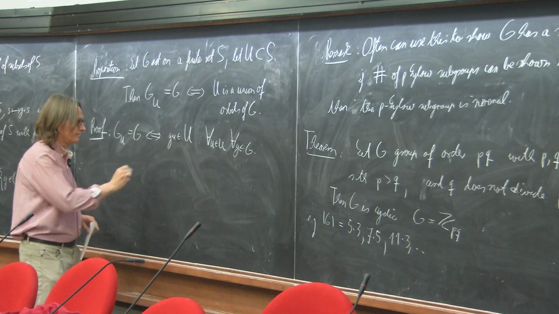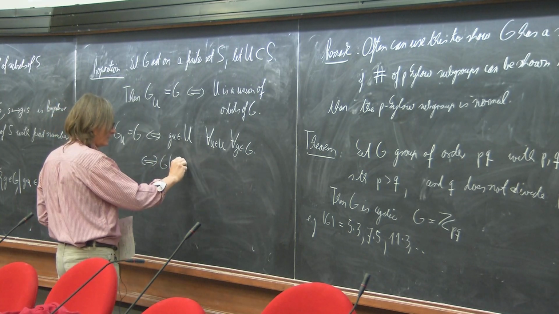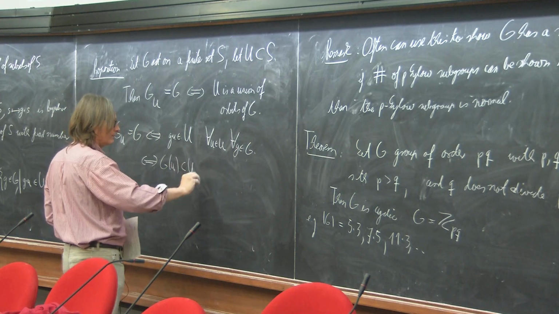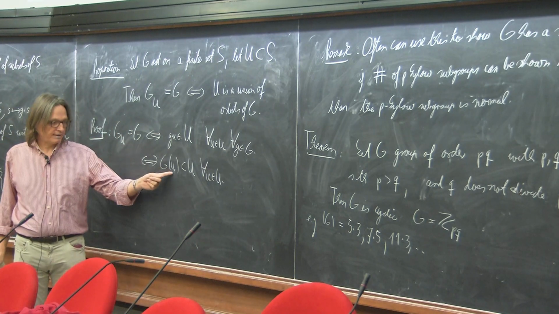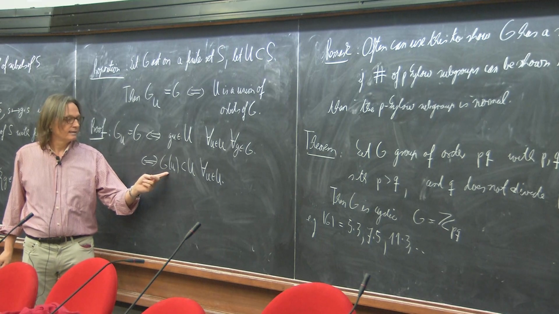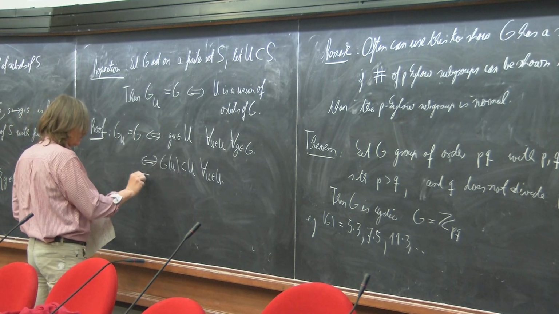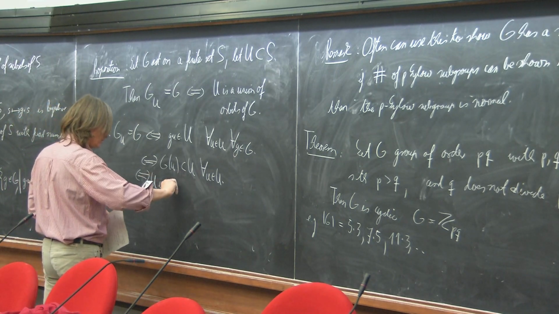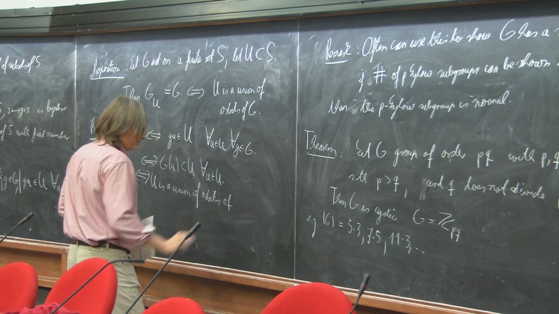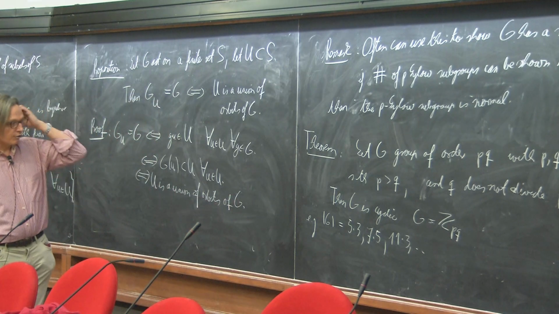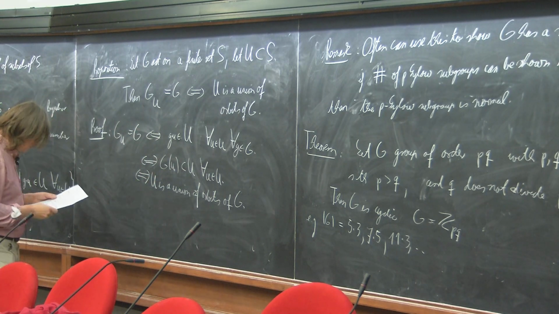So that's the same as saying that the orbit of u is contained in U for all u in U. And that just says that the orbit of every element of U is contained in U, which is the same as saying that large U is a union of orbits. Okay, so this was a simple proposition.